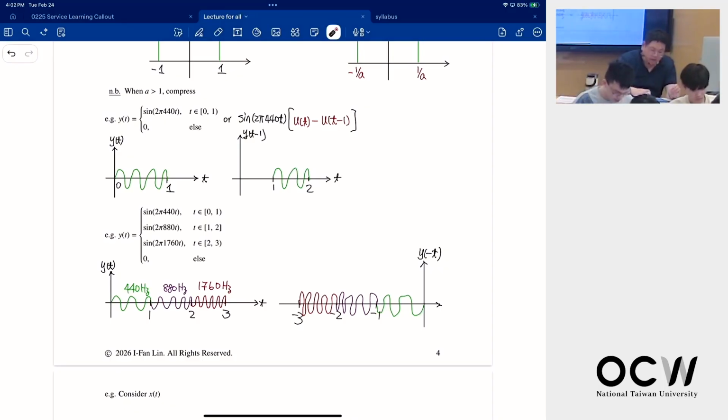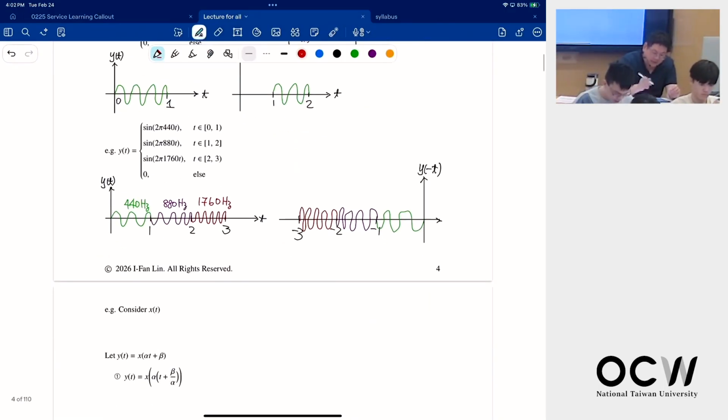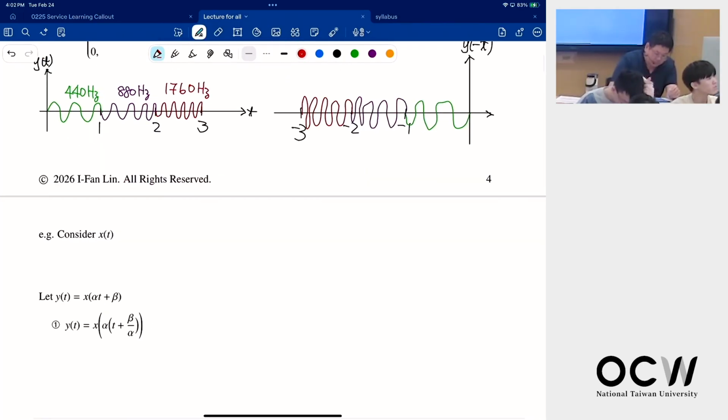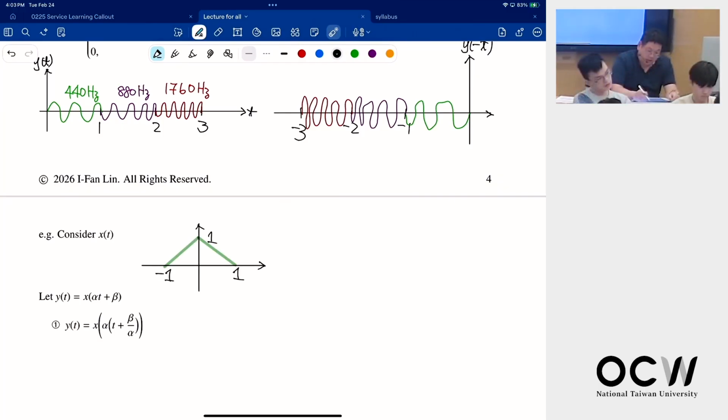All right, if you don't have any questions, next, very important, if I have a signal, we say this signal is like a triangle signal, like this. Now I want to do shifting and also scaling.